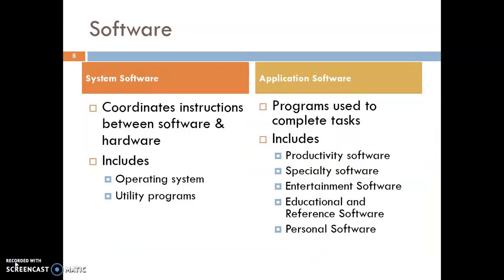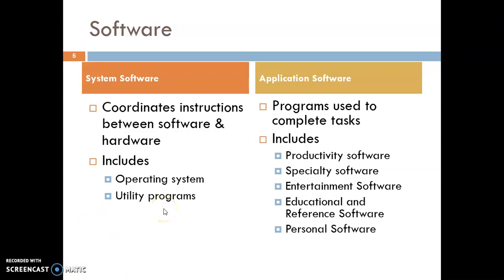Okay, from this slide, you can see the difference between system software and application software. System software helps run the computer and coordinates instructions between application software and the computer hardware devices. System software includes the OS, or operating system, and utility programs. Okay, what is a utility program?